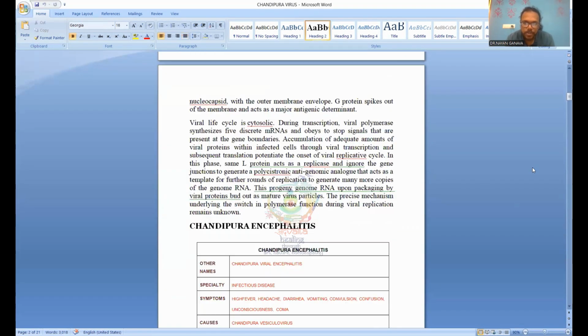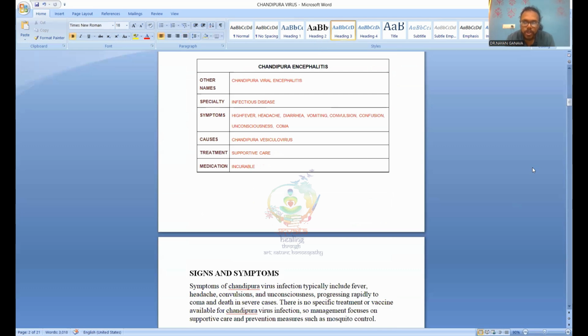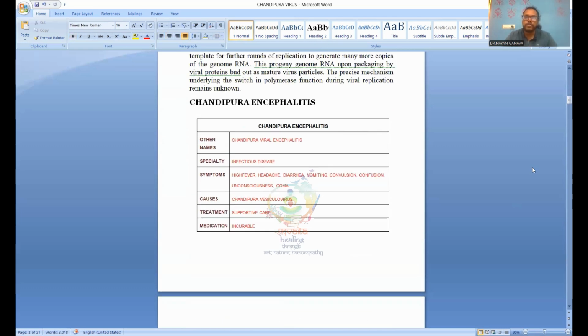So if we see further, what are the symptoms produced when any child gets infected with Chandipura vesiculovirus? First, there will be a high fever, then headache. It is either accompanied by diarrhea or vomiting or both.